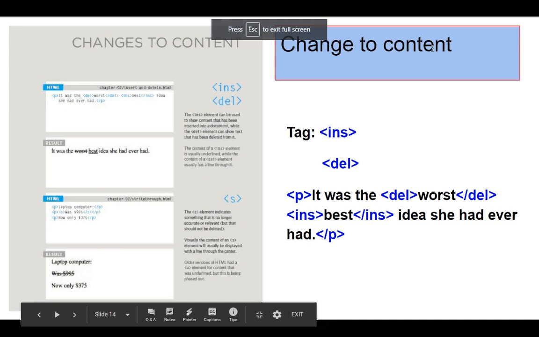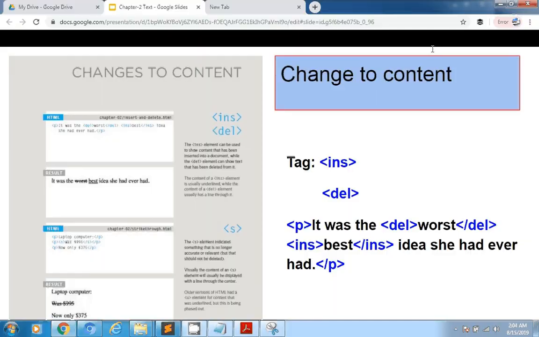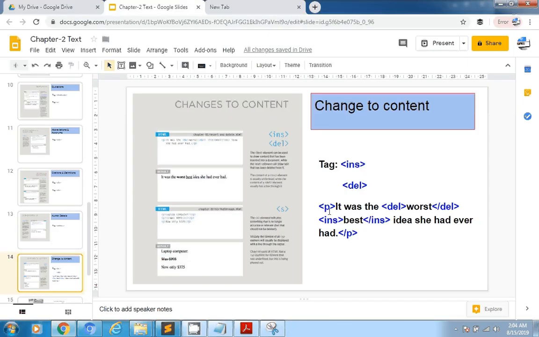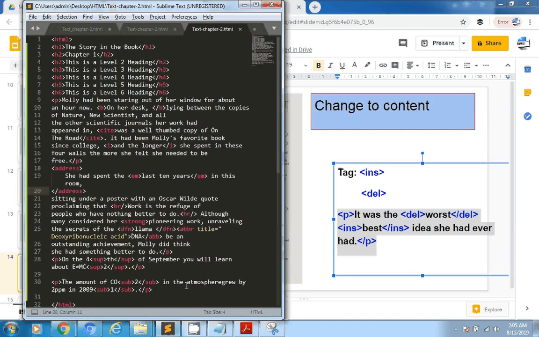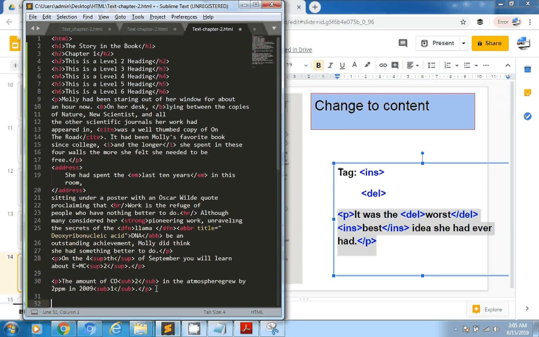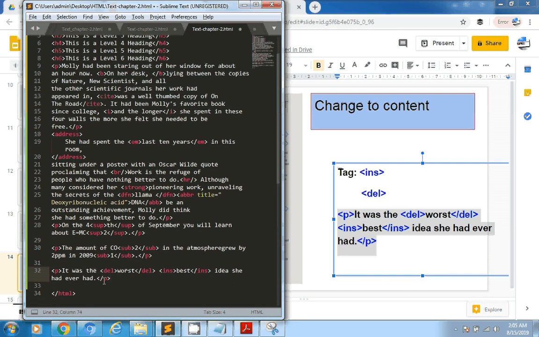Okay. So the next tags are used for changing content. So ins is to insert and del is to delete part of the text. I'll take this example to demonstrate. If you go here, I can just put it at the last. Now if you see here in the paragraph, this part is deleted and it is struck out, and this part is added.